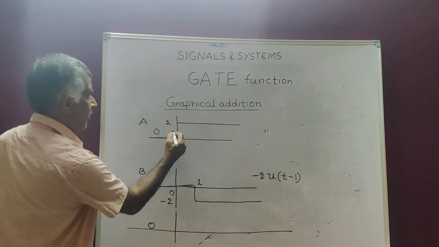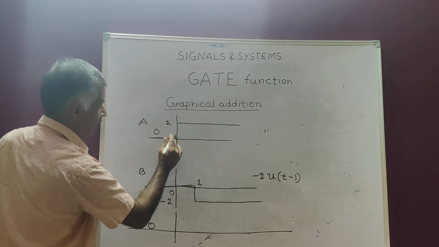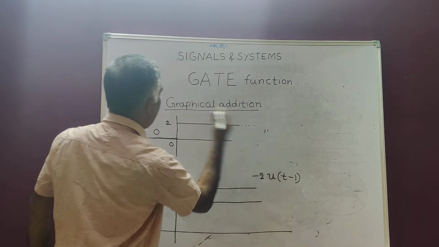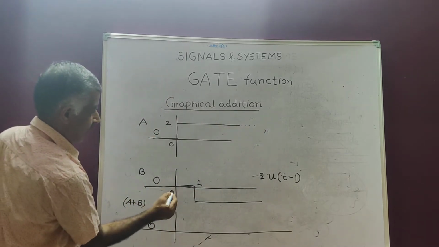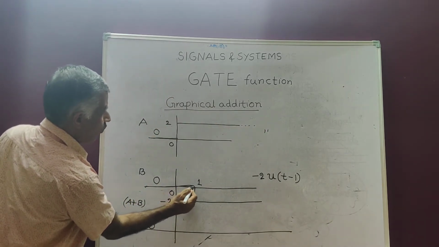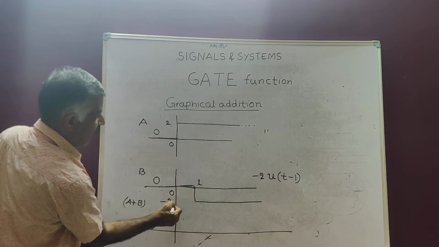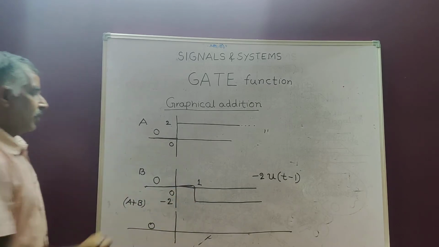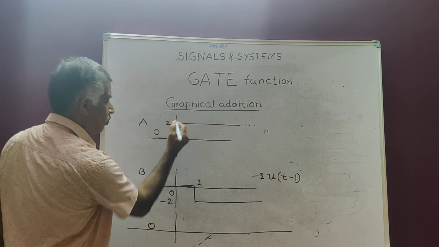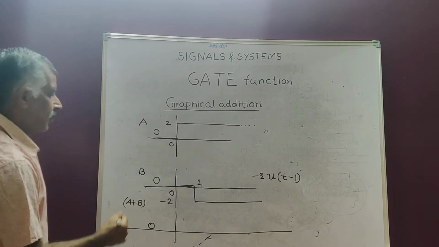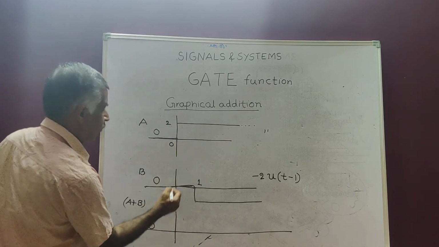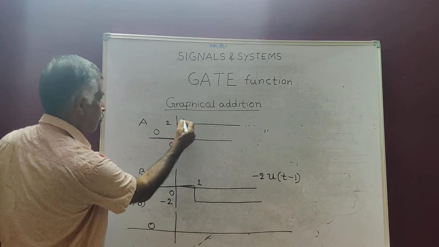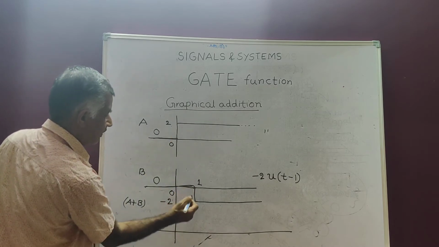Next, from 0 onwards, it is at a height of 2. But from 0 to 1, it is at minus 2. So this is 2, this is minus 2. Now from 0 to 1, it is 2, whereas here it is 0.